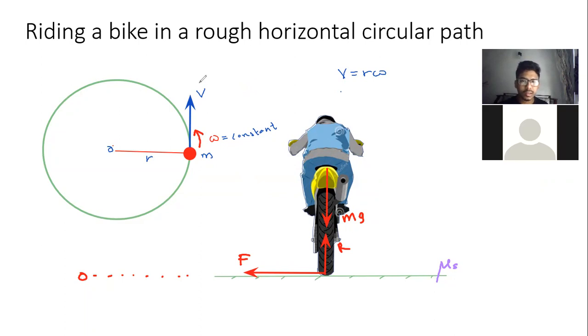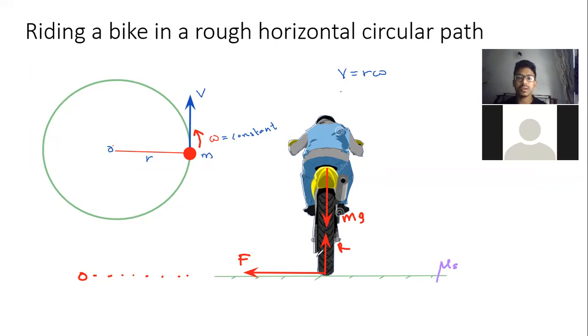There is a velocity in this direction, but there is no velocity in this direction, right? So it is in a static condition, right? Because it is in a static condition, that means the forces have balanced. We will come to that. So in this direction, the bike is in a kind of equilibrium, right? So it is static. Therefore, we have to consider the static friction coefficient. Is that clear?